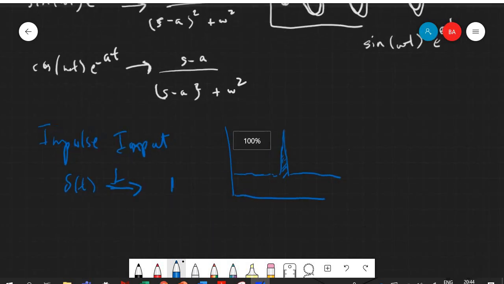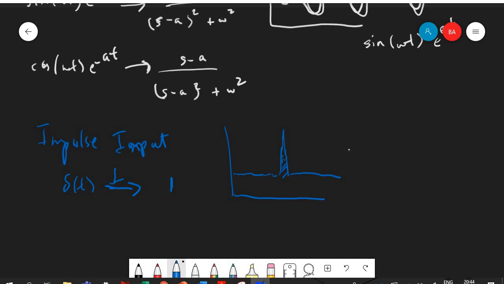So simply, if you have an impulse input and you want to show it in the S domain, it is equal to 1. That is one more thing that you need to know on all of these details.